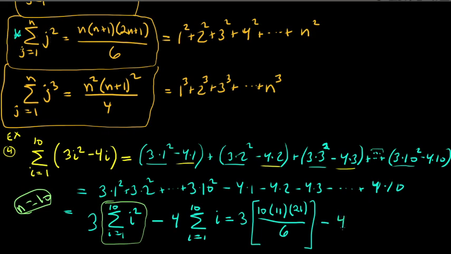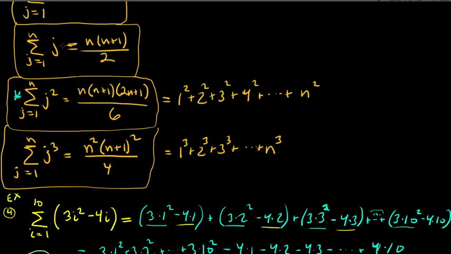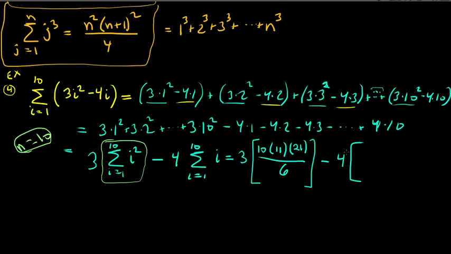And then minus 4 times this sum. Now there's no I squared here, it's just I, which is way up here. It's J here, but J or I doesn't matter. And remember, n is 10. So this is going to be 10 times 10 plus 1 divided by 2. So this is 10 times 10 plus 1 is 11 divided by 2.